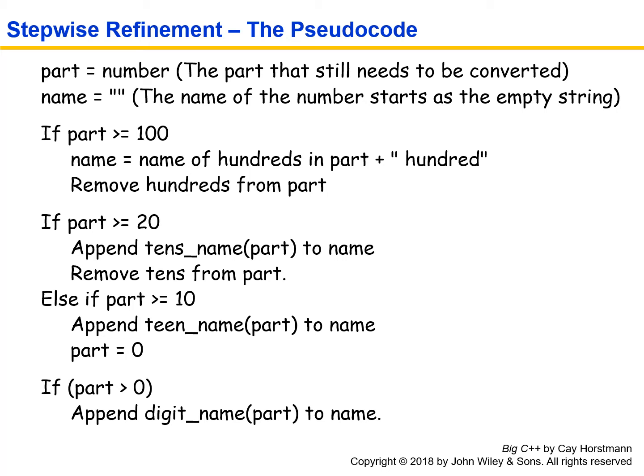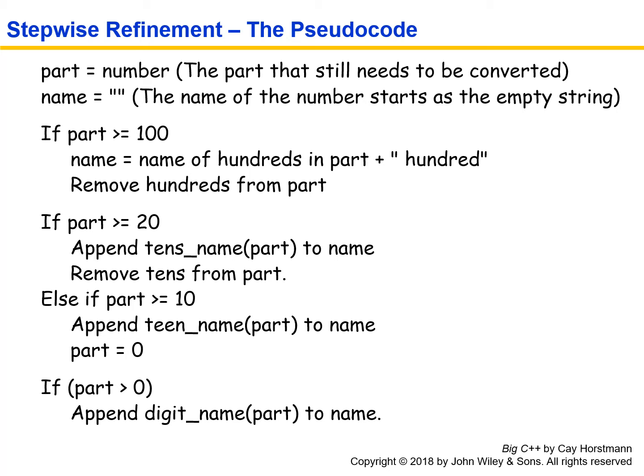So we're going to divide by 100 to get the digit, to get the name of the hundreds, and then % by 100 to get rid of the hundreds and keep the rest of it.